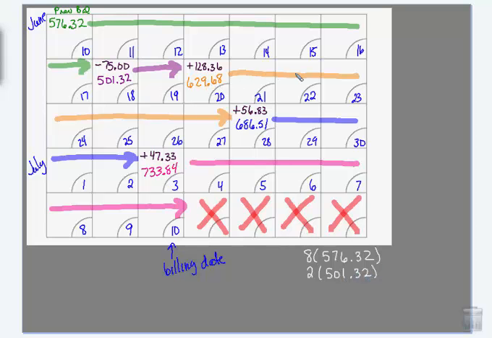I've got 1, 2, 3, 4, 5, 6, 7, 8 days at $629.68. I've got 1, 2, 3, 4, 5 days at $686.51, and then 1, 2, 3, 4, 5, 6, 7, 8 days at $733.84.